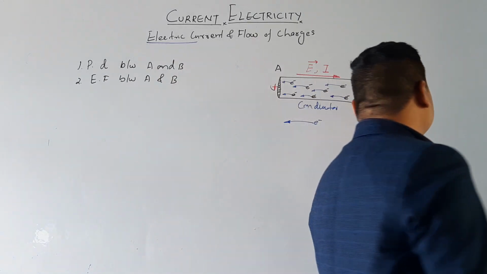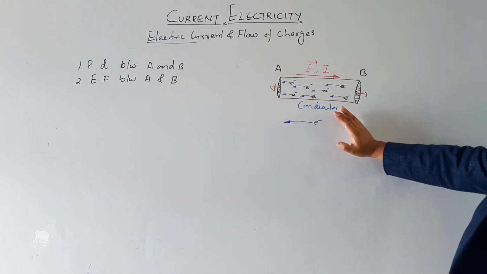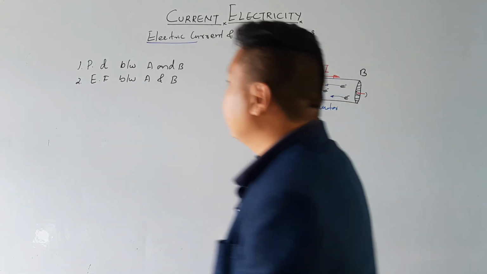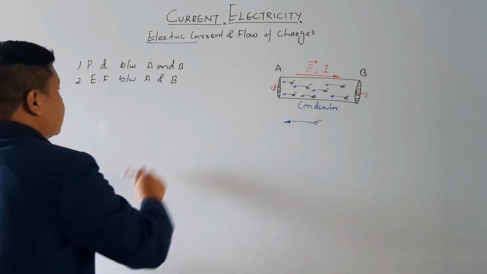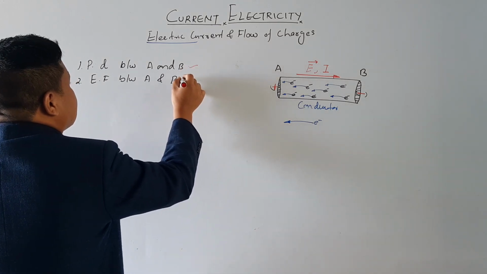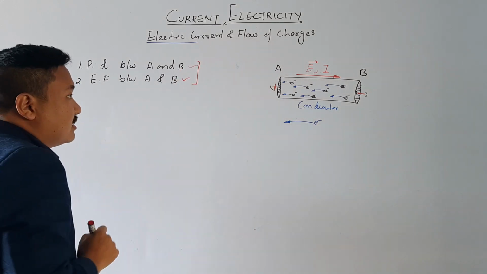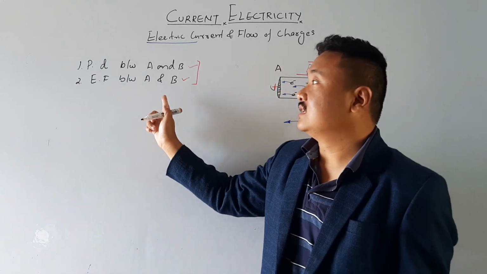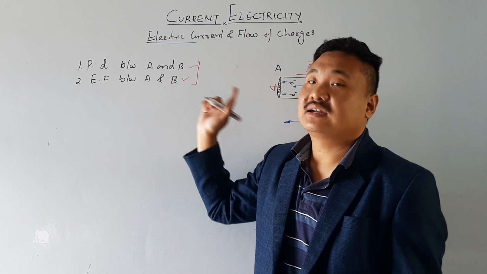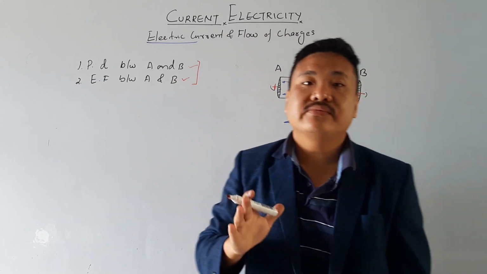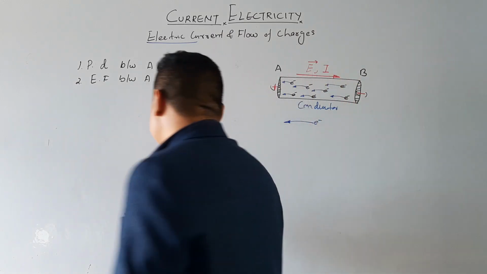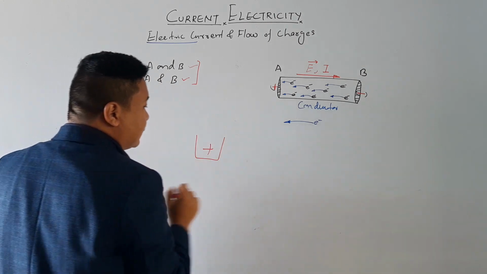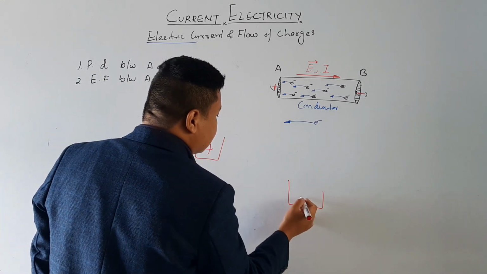Now let me go to why these electrons are flowing, because of two things. One is the potential difference, the other one is the electric field. Please remember, these electrons are flowing because of the potential difference and electric field. For example, if you have two tanks, tank 1 here, which I will call positive, and tank 2 here, which is negative.